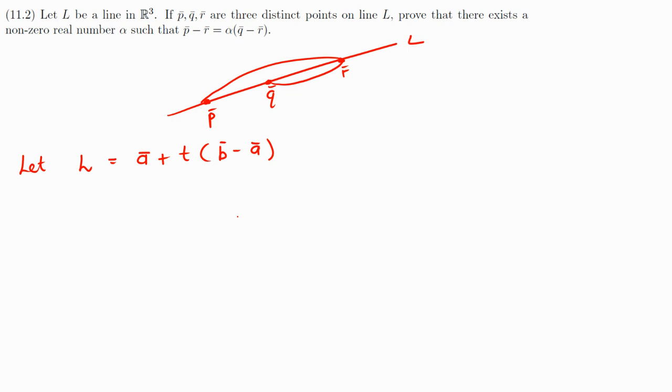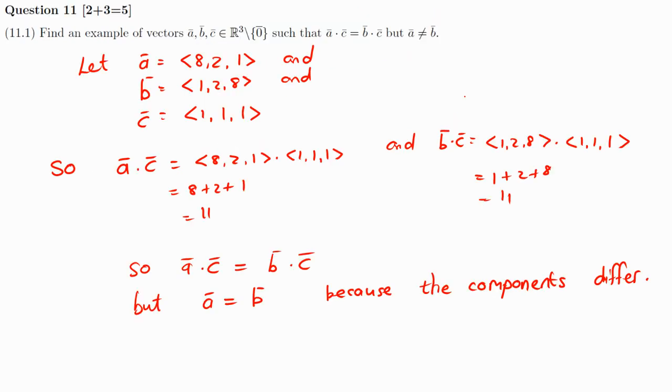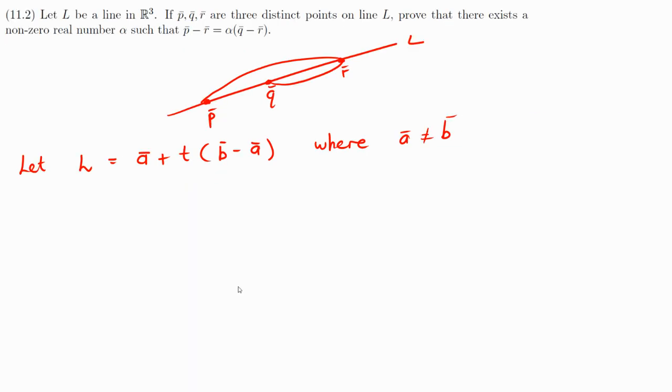So write it in a way of using the previous one. Okay, and then we say where a is not equal to b, just as we said previously. A is not equal to b because all of the components are not equal to each other.